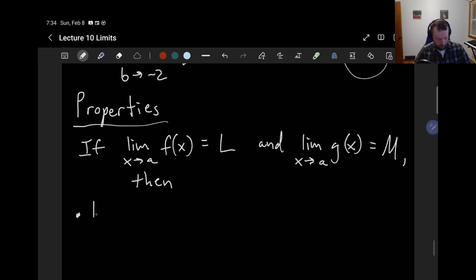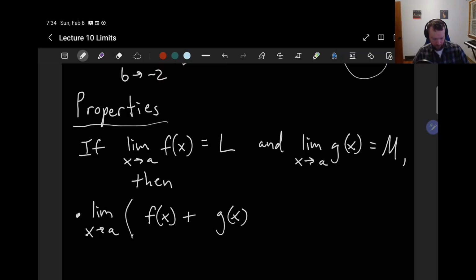First, the limit as x approaches a of this mixture. So leave a little space. You can add the functions together. And even more than that, you can multiply them by certain numbers.